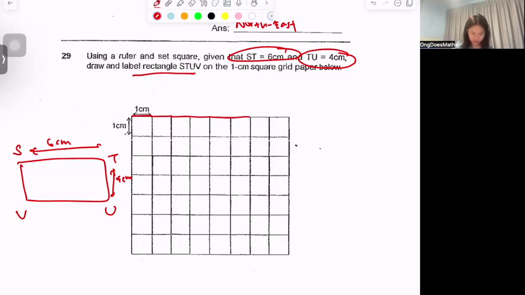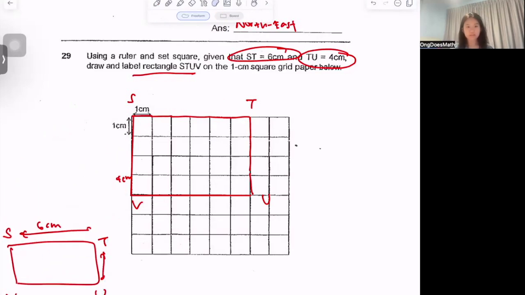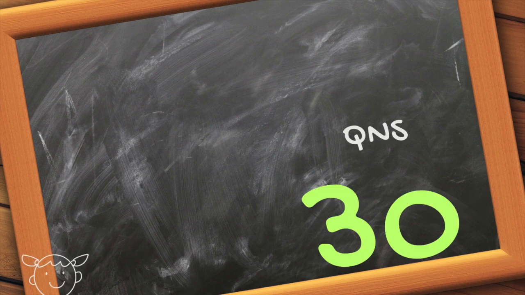So this will be your ST. Let me just label S and T. 4 cm downwards, 1, 2, 3, 4. This should be TU. Then we can just join back to form a rectangle. Cool. And your last point will be V. So I'll just shift this, which means this will be your answer. Cool.